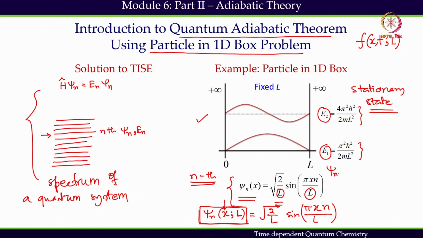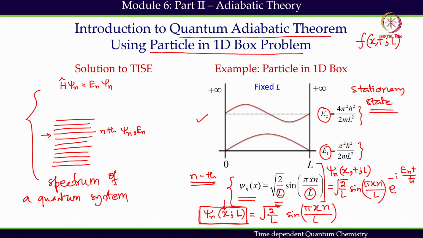I have the nth wave function, psi n of x comma t, equal to square root of 2 by L, then sine of n pi x by L, then I have this time dependent phase factor, which is e to the power minus i E n t by h cut. So, that is the way we should represent it.